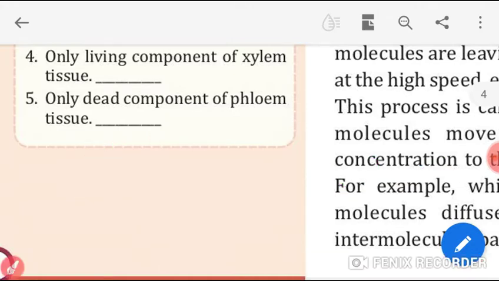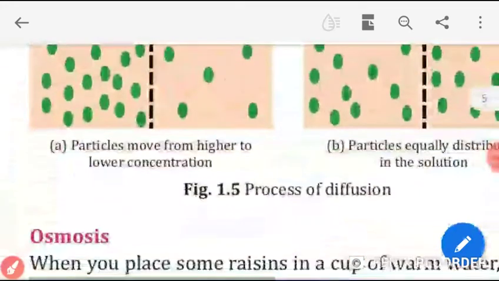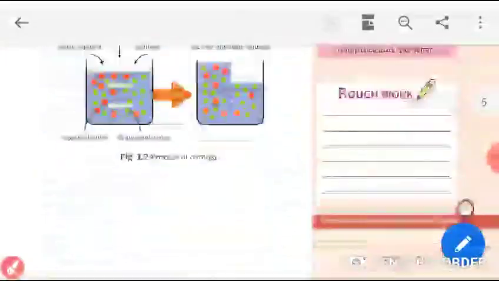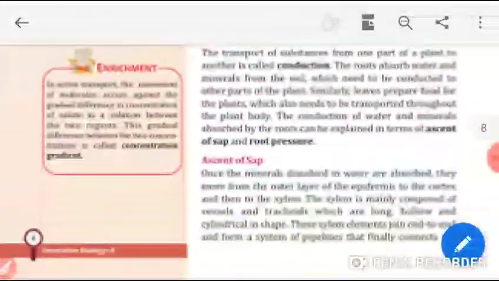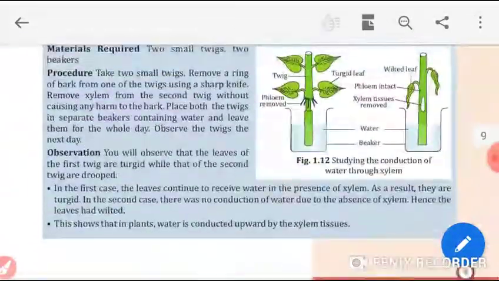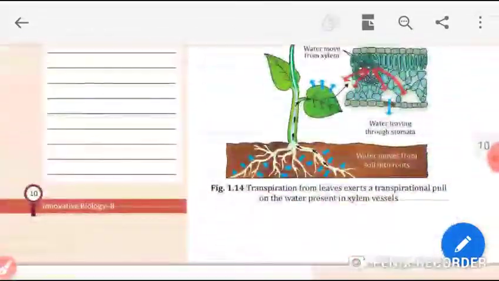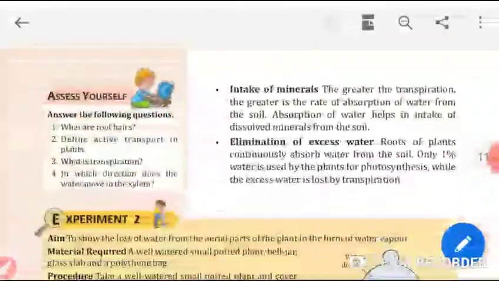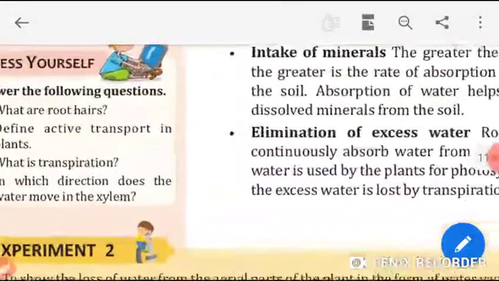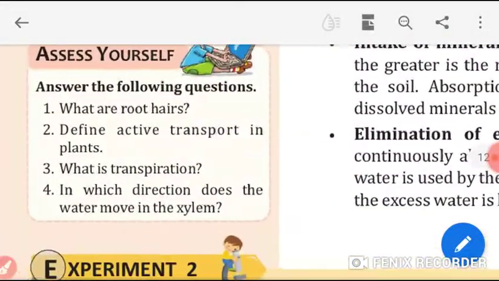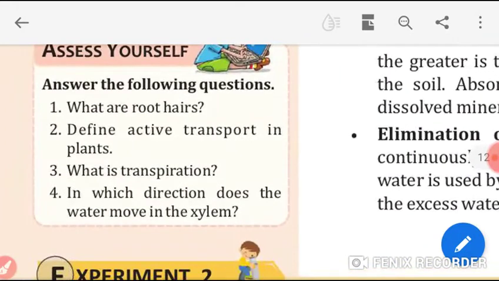Okay, students. Now we will continue our chapter and we will reach page number 12. Here are some questions, those also we have to do. So, question number 1, what are root hairs?